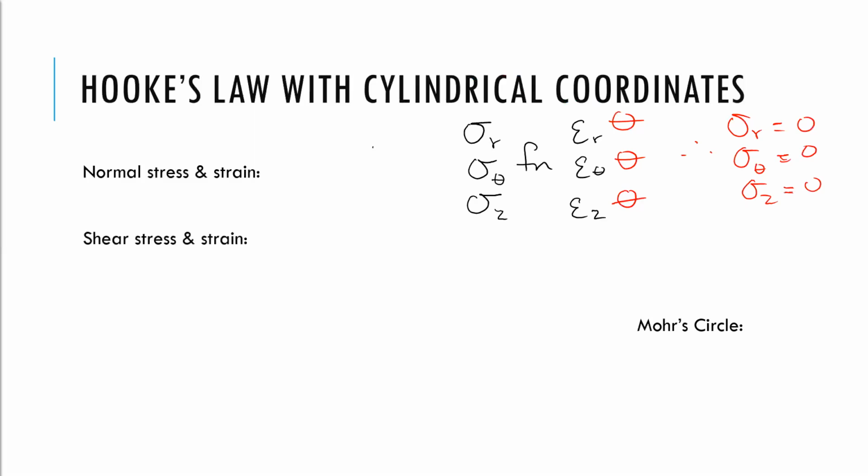So let's look at shear. Shear has 3 equations, and in each of those equations, our shear stress is equal to G times gamma. 2 of these are going to be equal to 0, right? Because 2 of our shear strains are equal to 0. Oh, that's no good. In particular, tau RZ and tau theta R equals 0.